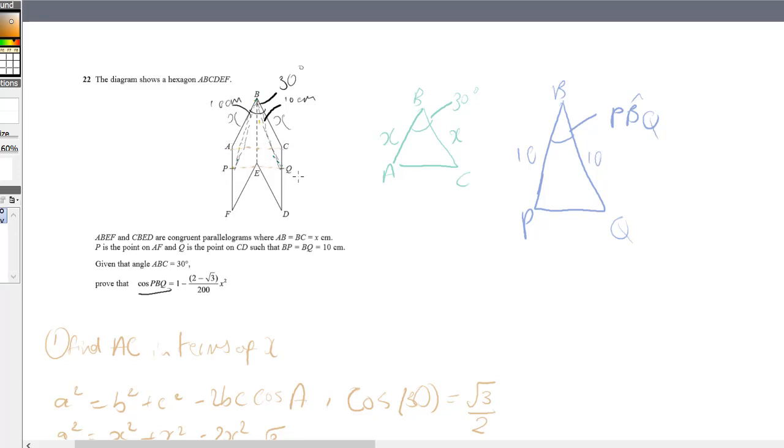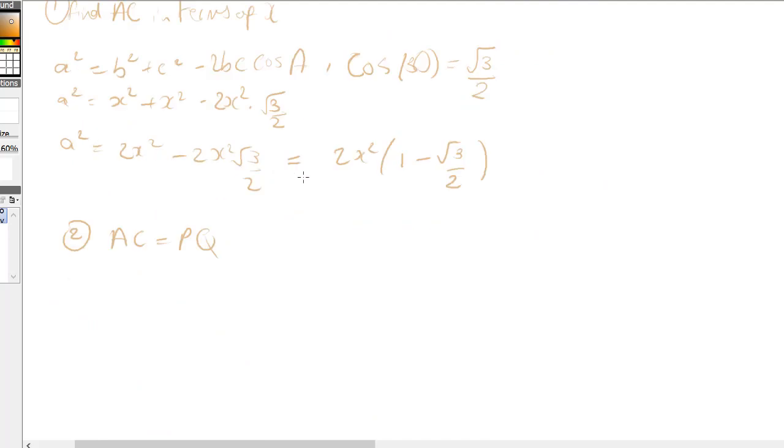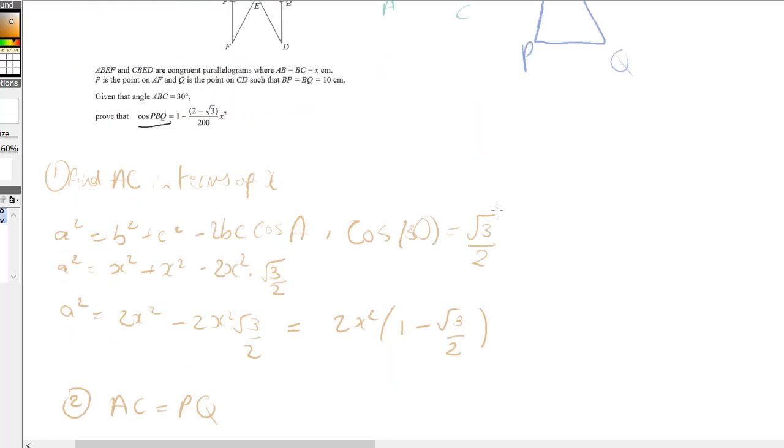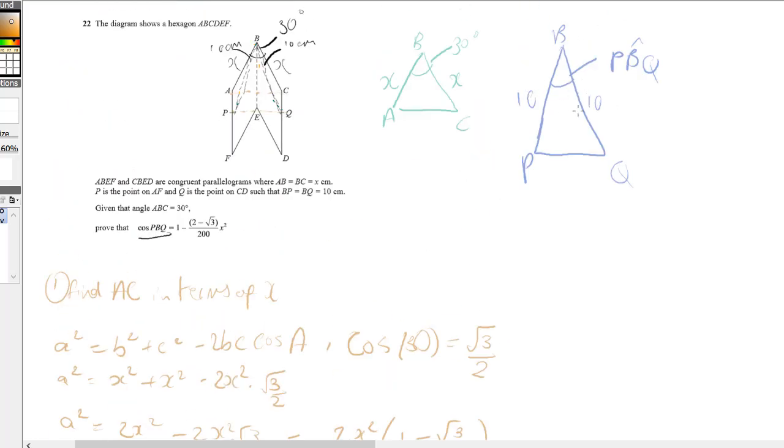Okay, so if we want to find PBQ, we can say cos A equals, and again we can use the formula, the cosine formula for finding the angle. So we get cos PBQ equals, remember we refer back to our triangle here, so we had the sides equal to 10.